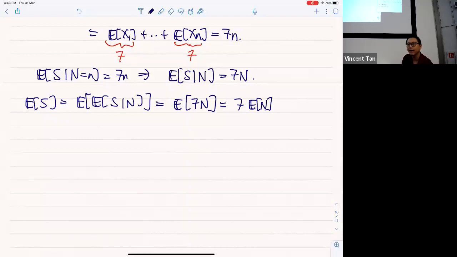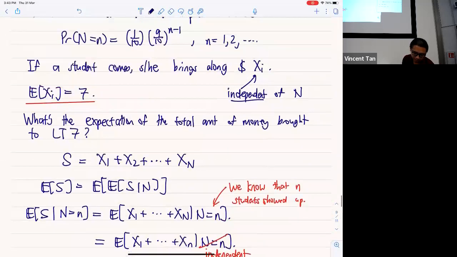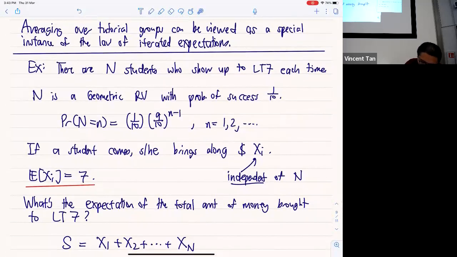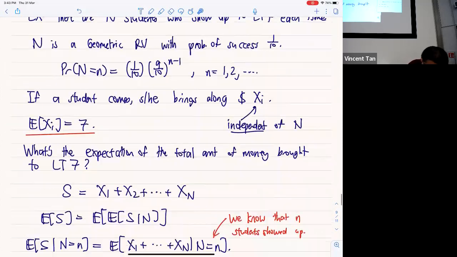But I know that capital N is a geometric random variable with probability of success 1/10. So the expectation of such a thing we have evaluated before is 1/p, okay? And p is 1/10, so 1/p is 10.